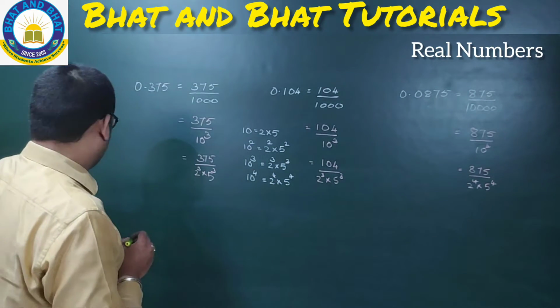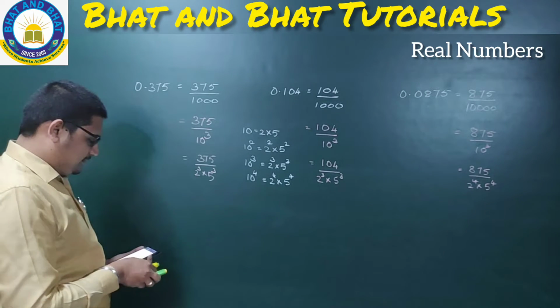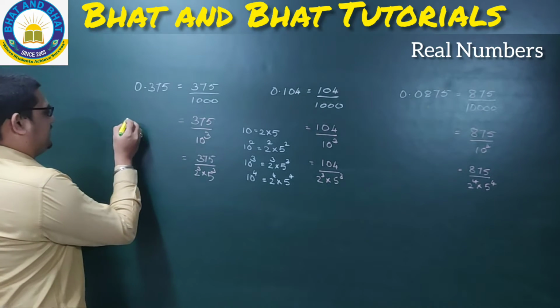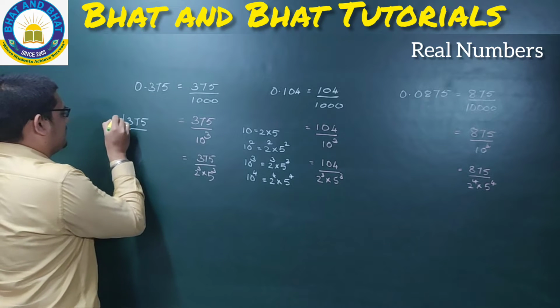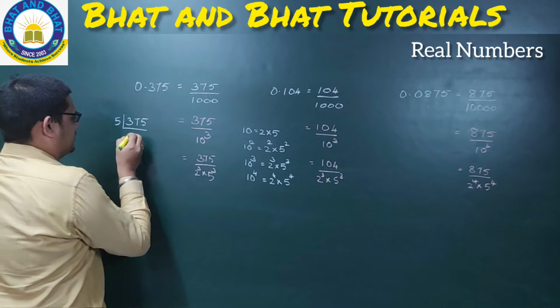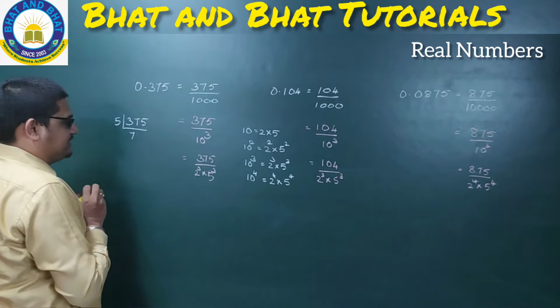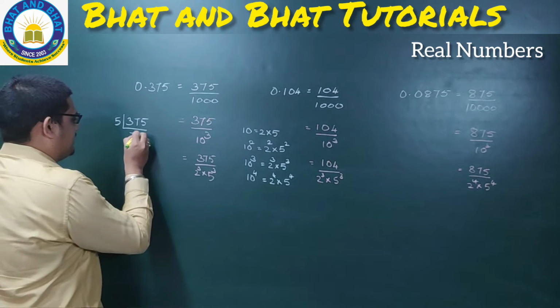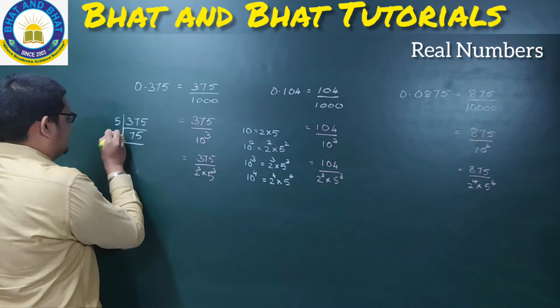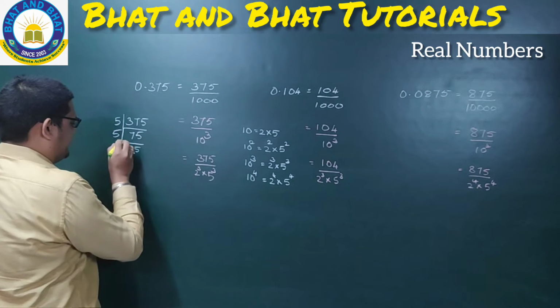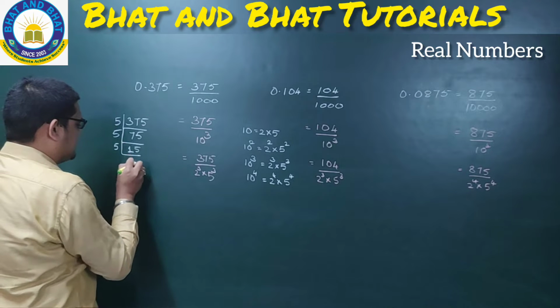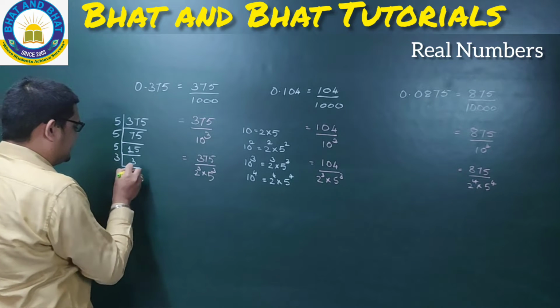So let us find out for 375. As it is ending with 5, we can say that it is easily divisible by 5. 5 sevens are 35, 2 is the remainder, 5 5s are 25, 5 ones are 5, 5 5s are 25, 5 3s are 15, 3 ones are 3.